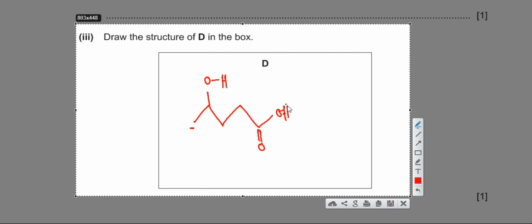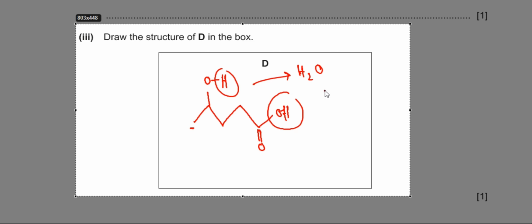So the OH from here and the H from here will be removed, giving us water, and then they will condense with each other. The O from here will combine with this part containing C double bond O. The rest we have 1, 2, 3, 4 and then 5.